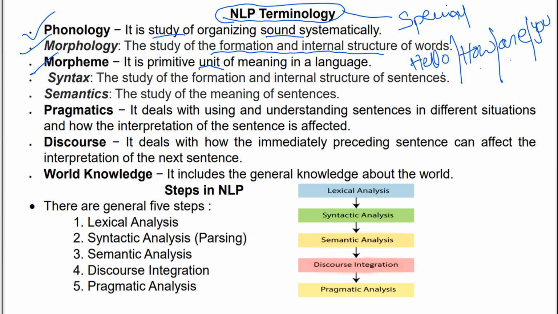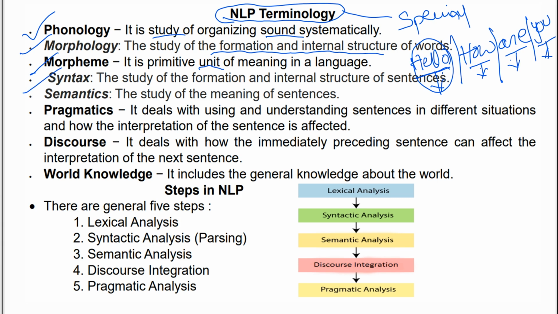Each and every word is a primitive unit, and each unit has some special meaning. The study of this is called morpheme. This small unit has some meaning, a meaningful word in any language, not only English. In that language a small unit that has a meaning is called a morpheme.